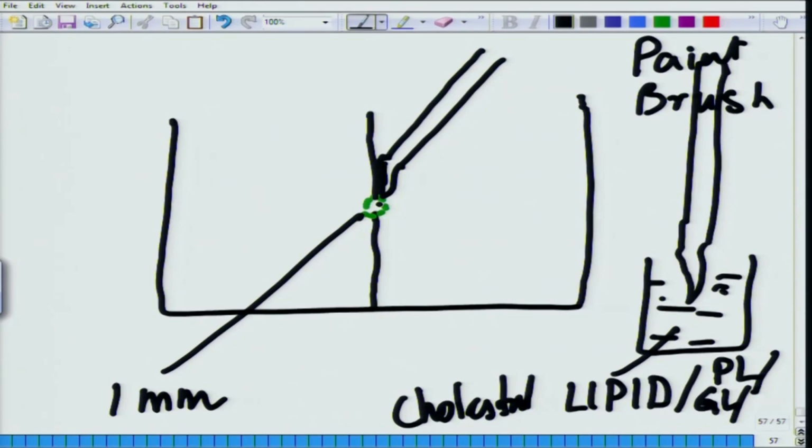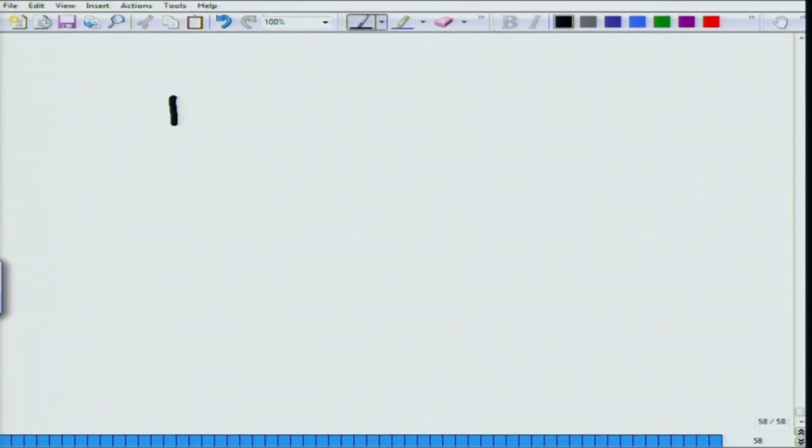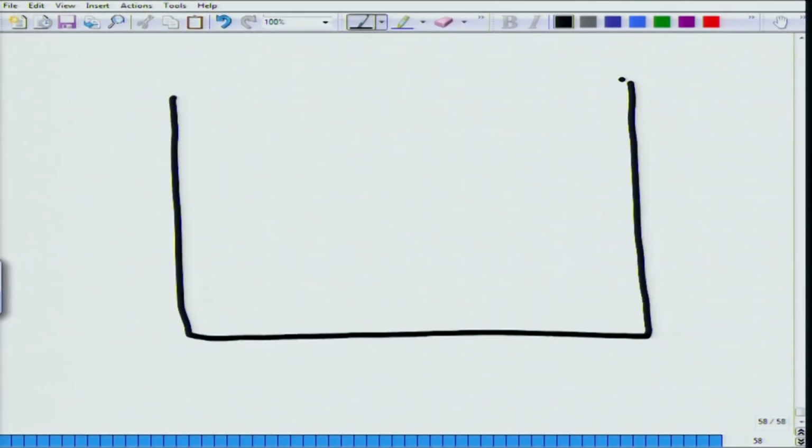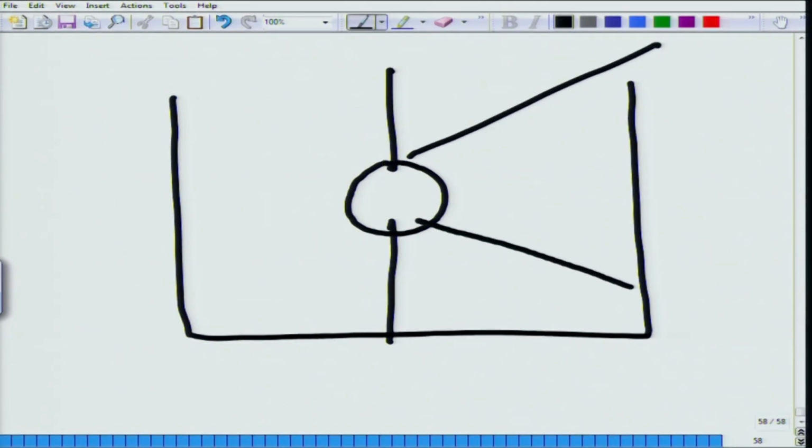Once you do so, what will happen is this. If I redraw this, and here you have the gap, it forms a lipid bilayer here. If I observe it under the microscope, it will look like this. On either side, it will look like this.